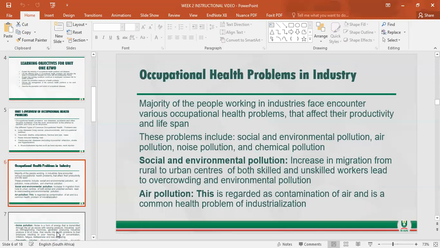That is very true. And these problems affect their productivity, and not only that, they affect their lifespan as well.